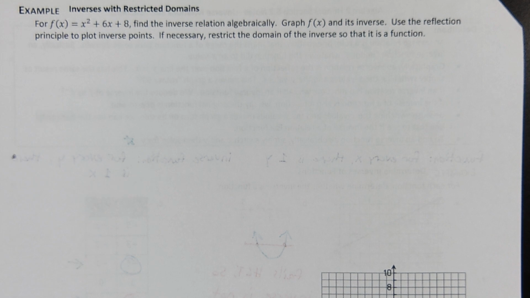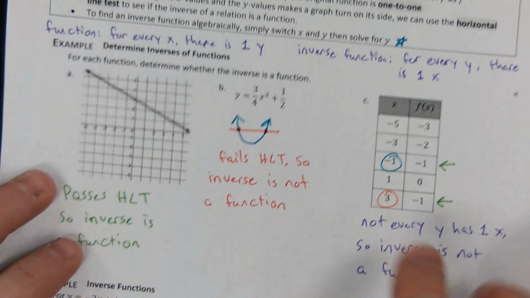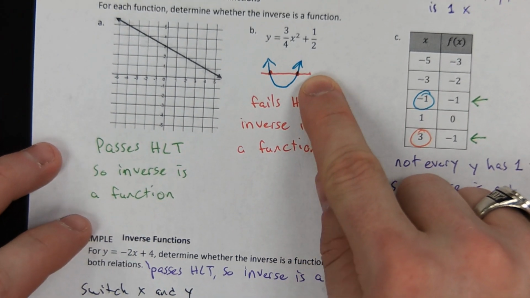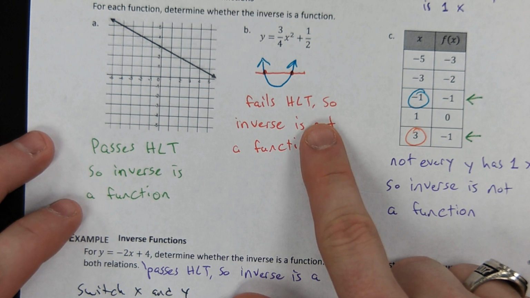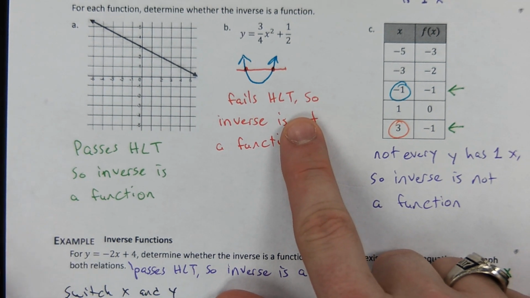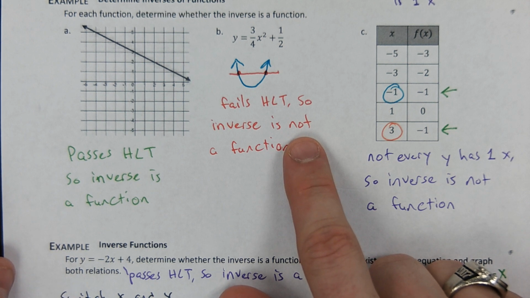And that's because in order to have a single inverse, you need to be able to pass the horizontal line test. Well, you saw a quadratic fail the horizontal line test, which means the inverse is not a function. That doesn't mean you don't have an inverse. No, there's definitely an inverse. It's just not a function. It's a sideways parabola.